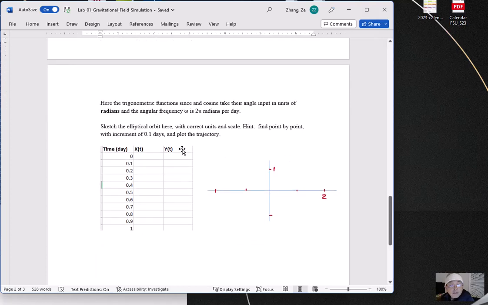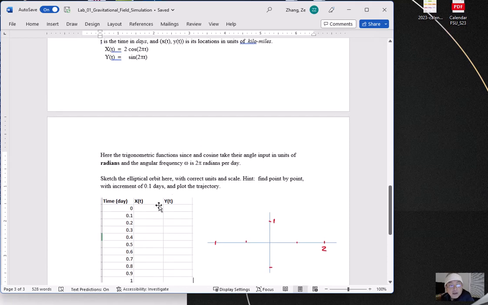Take one day: 0, 10% of the day, 20% of the day, and so on, dividing the day by 10. Just press the calculator and get the numbers, then put all these x, y pairs as dots and see what the orbit looks like. That's how mathematically they describe the trajectory of any planet's orbit around a center.